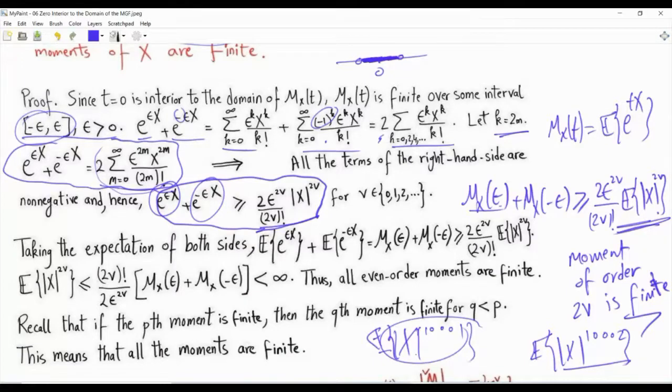Because of this relationship between the moments, if you prove that all the even order moments are finite, then actually all the moments are finite. This is very nice. If 0 is interior to the domain of the moment generating function, which means that the moment generating function is finite in a neighborhood of 0, you are guaranteed that all the moments of your random variable will be finite.